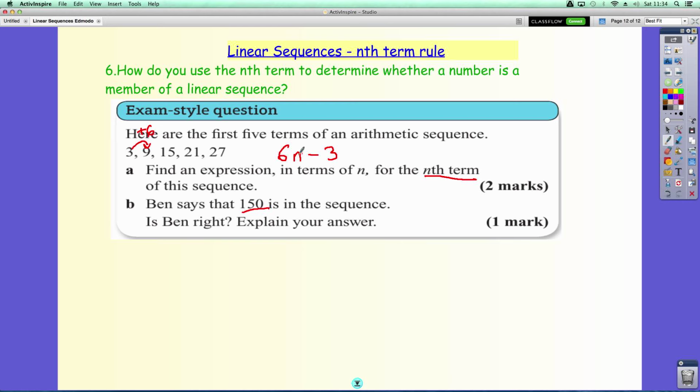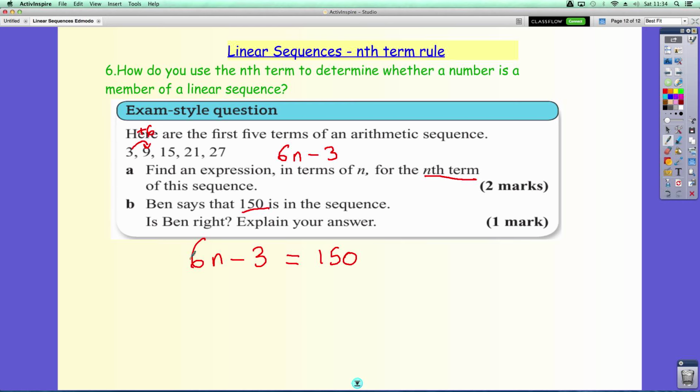So it means when I multiply one of my positions, n, times 6, then subtract 3, I should get 150. And when I write it like that, I end up with an equation. So 6 times a number, subtract 3 should get me 150. Now I need to find that number.